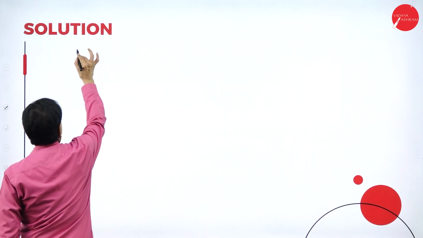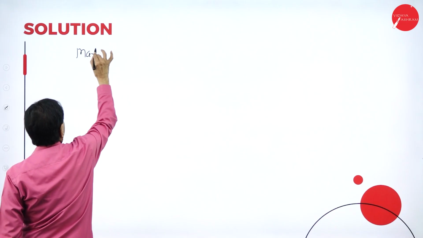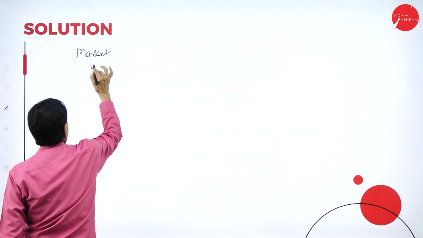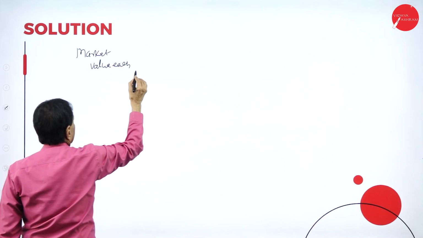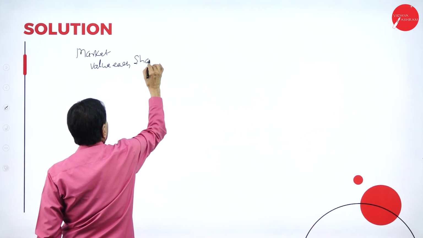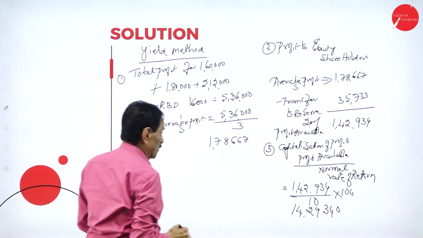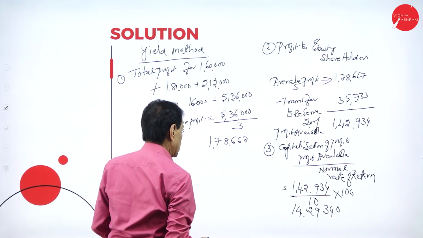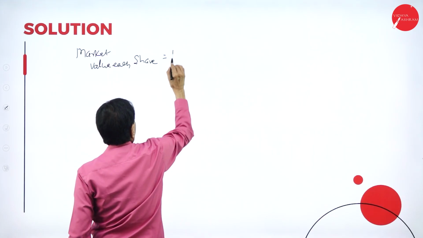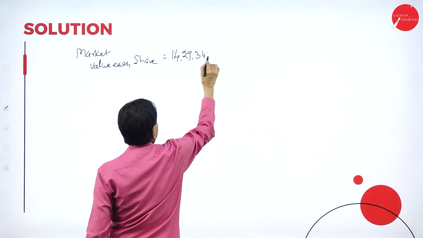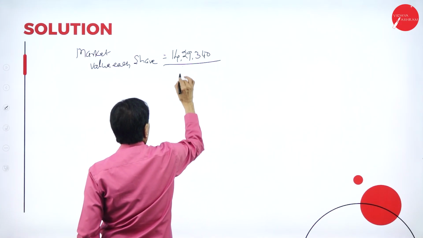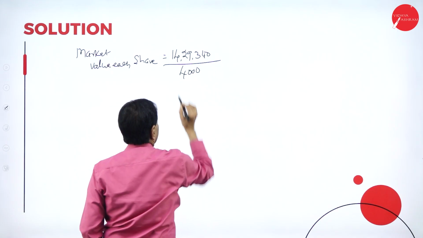Then market value of each share is equal to 14,29,340 divided by 4,000 shares.